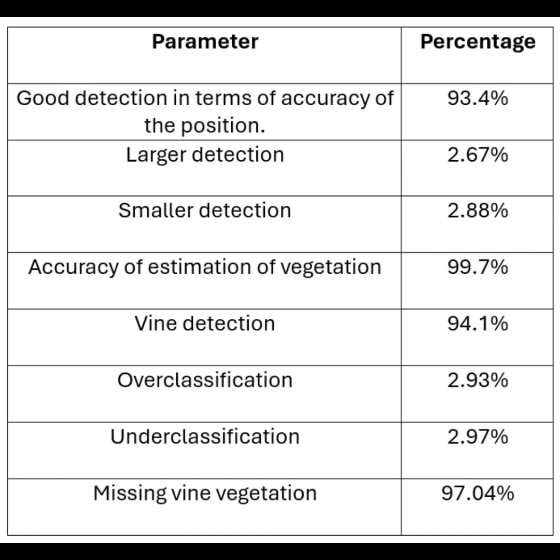When the images extracted by the proposed method were compared with the manually segmented image, the method achieved a 94.1% mean percentage of exact vine vegetation detection, a mean value of 2.93% regarding overclassification, and 2.97% of underclassification. The missing vine vegetation also achieved a good accuracy of 97%.